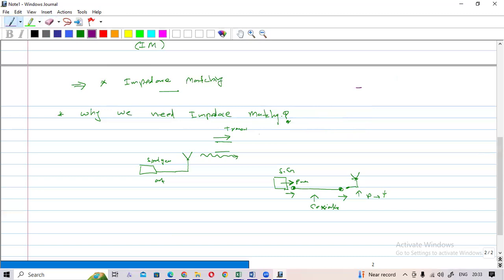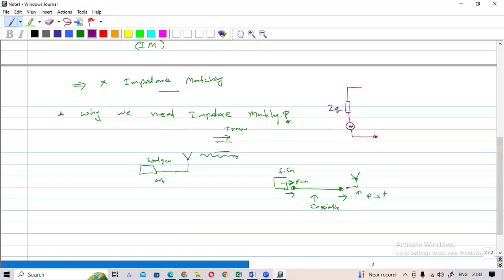If you consider the signal generator, that signal generator has a certain impedance. That is Zg. And the signal normally emits a sinusoidal wave, like this.